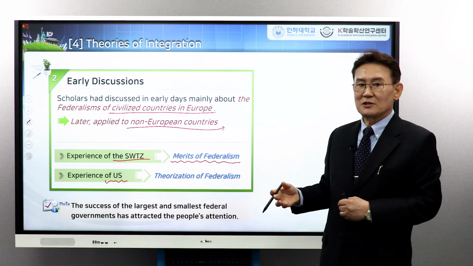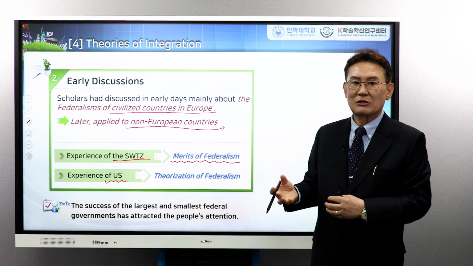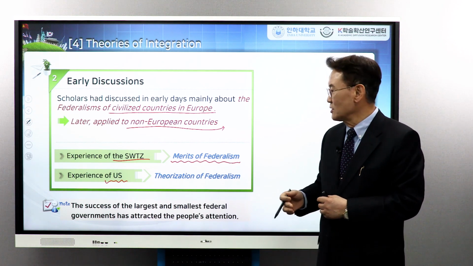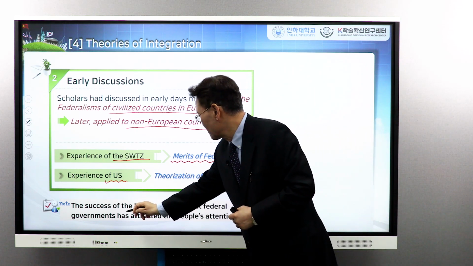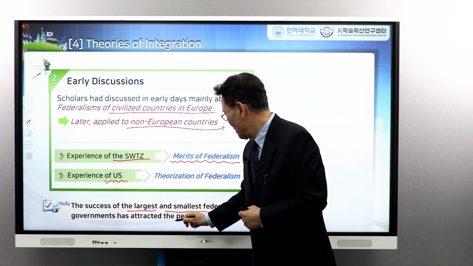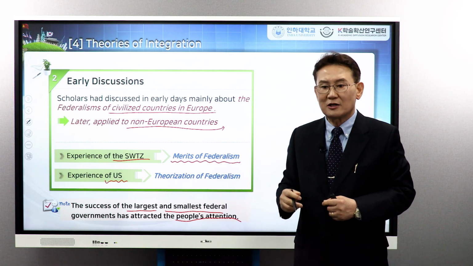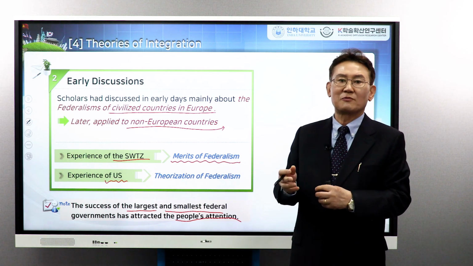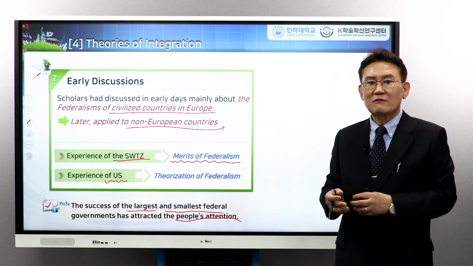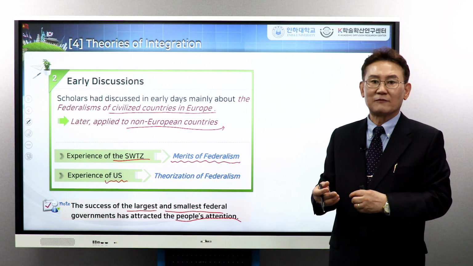In the United States, many scholars and politicians theorized the American federal system. In other words, the success of the largest and the smallest federal governments has attracted people's attention. So now the leaders of many countries, politicians and scholars, are thinking of federal systems instead of the centralized government system.